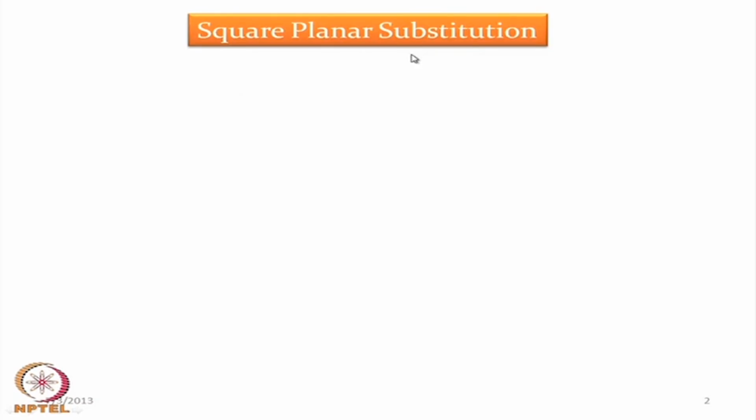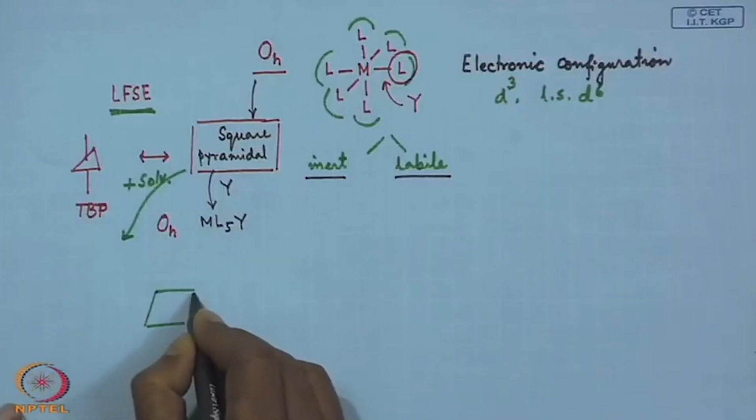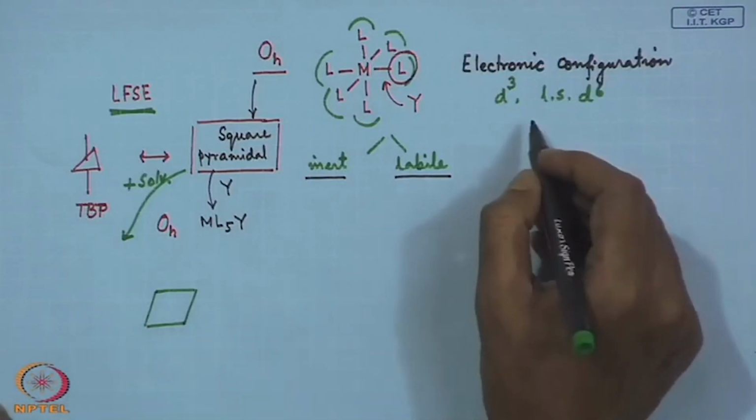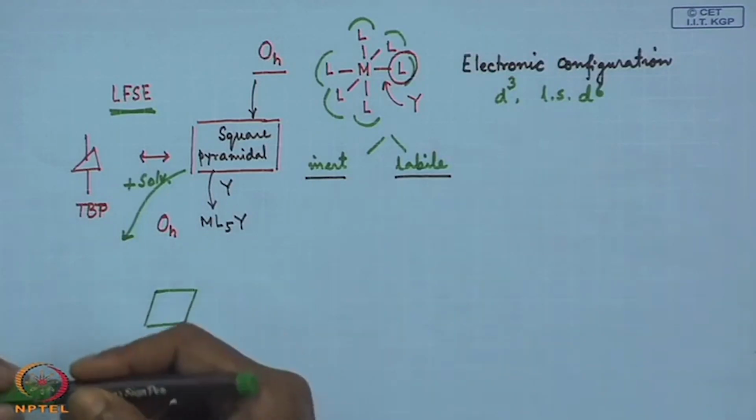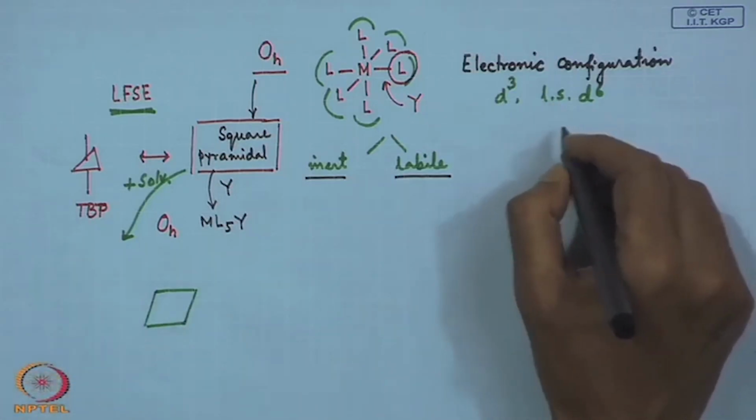So, what we see is that in case of one particular geometry, if we move to a square planar geometry, these particular geometries are very important because we have considered this particular electronic configuration which is substitutionally inert, that means low spin d6.